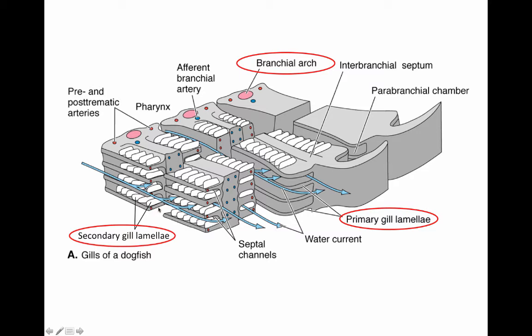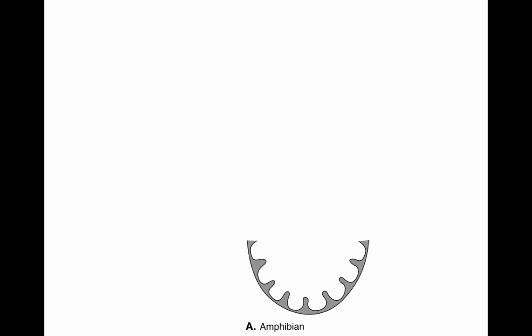So you can see with these different levels of elaboration of surface area, in fish gills, we get a very, very huge overall increase in surface area for gas exchange, maximizing that area term in Fick's equation.